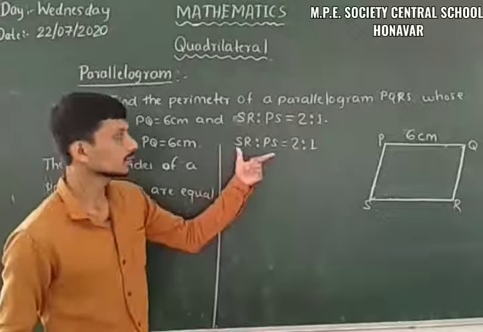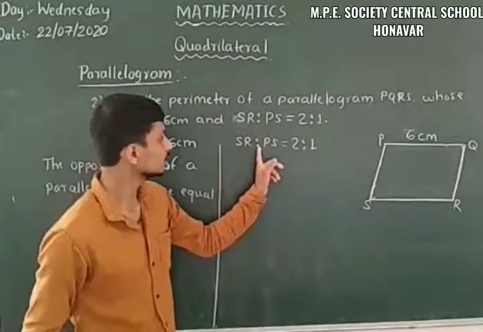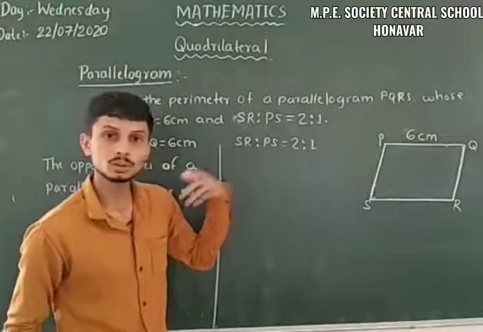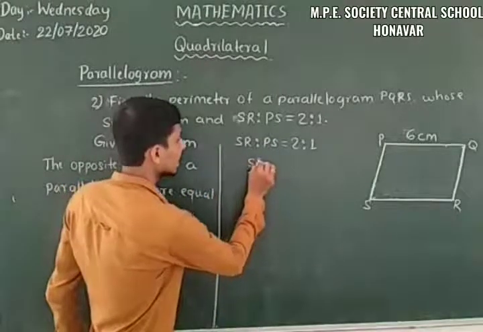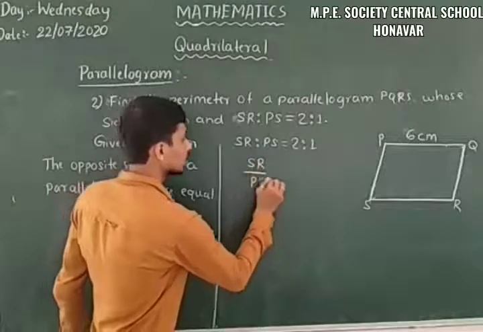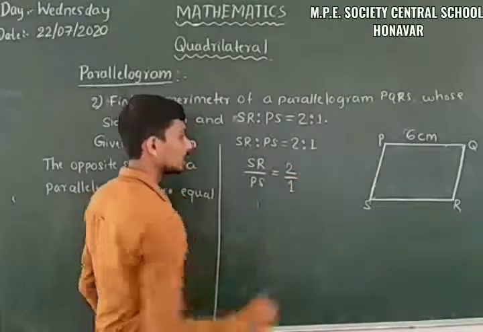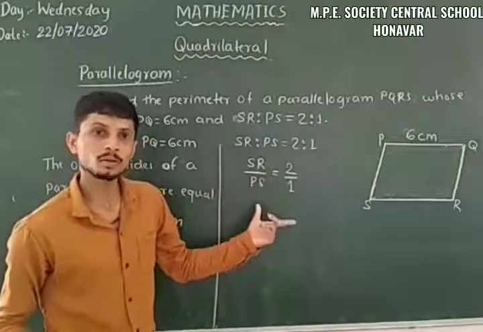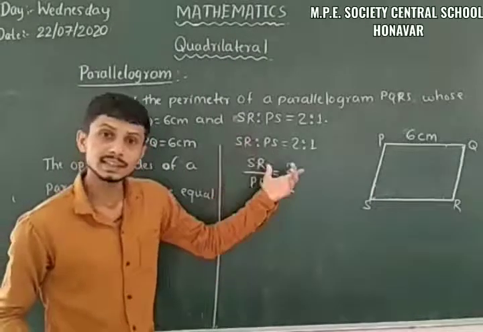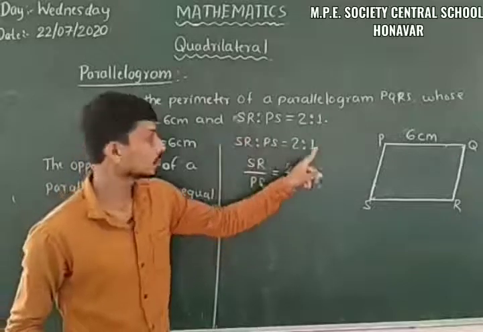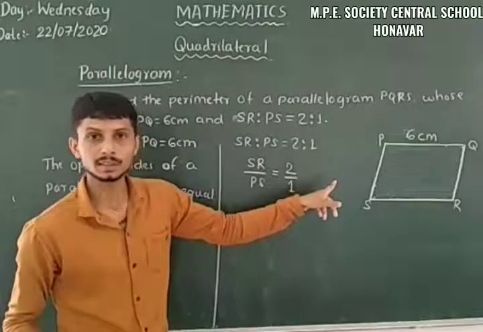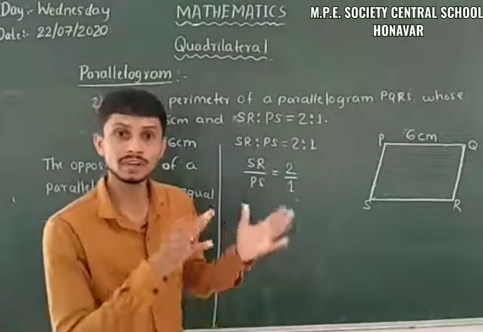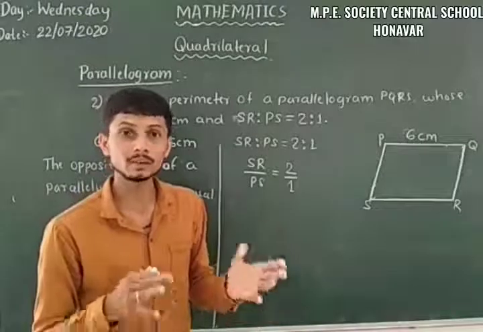So here they gave that the ratio of SR and PS is 2:1. That means I will write this as SR by PS is equal to 2/1. When we write in ratio or proportion form, there is a common number we have to multiply with both the numbers, so we take x.